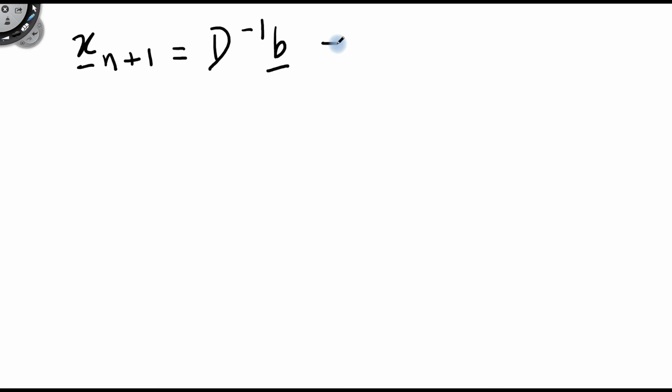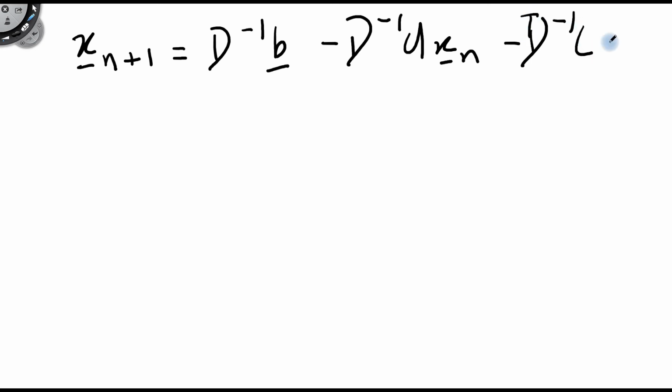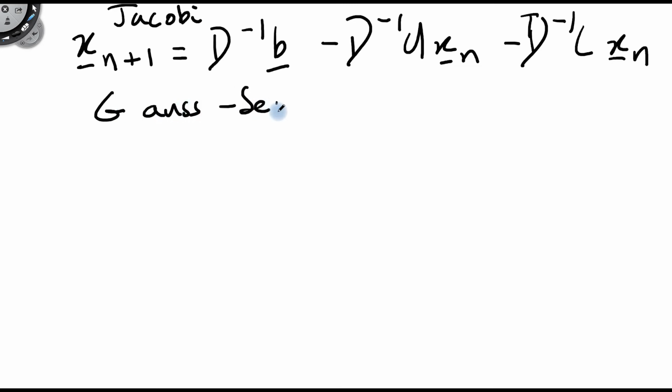Let's just rewrite Jacobi again. This is Jacobi, and then Gauss-Seidel involves the modification of those terms.